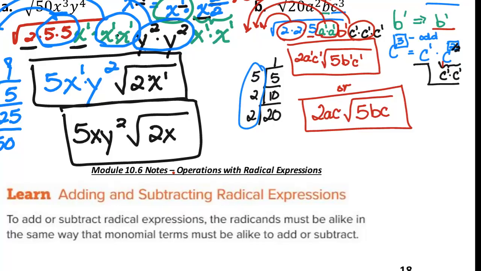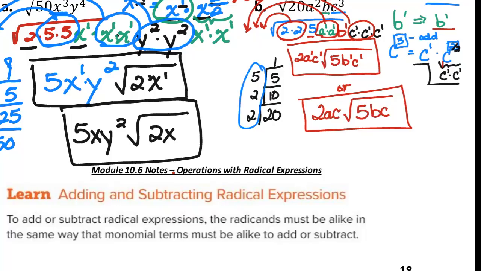Finally, I have z. Z, there is only 1. There is nothing matching with that. So I'm just going to leave that as z. Okay? And this square root bar would go over all of these. Would end right here. Right there.